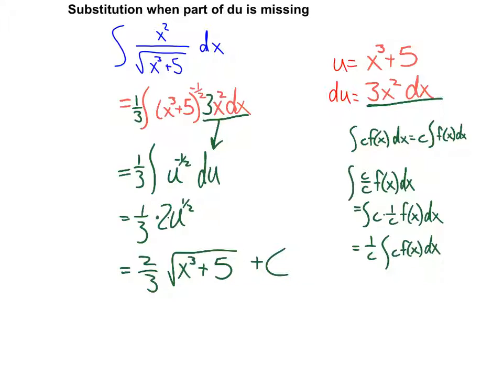And then I throw in my plus c. Not too bad. Once you get the hang of the process, it will go quickly. But you just have to get the hang of it. Any questions? No. Alright, we learn by doing, so let's try some.